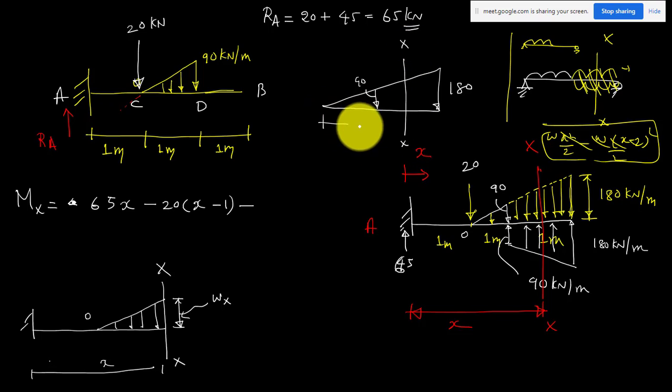So this distance is X minus 1. So what is this distance?